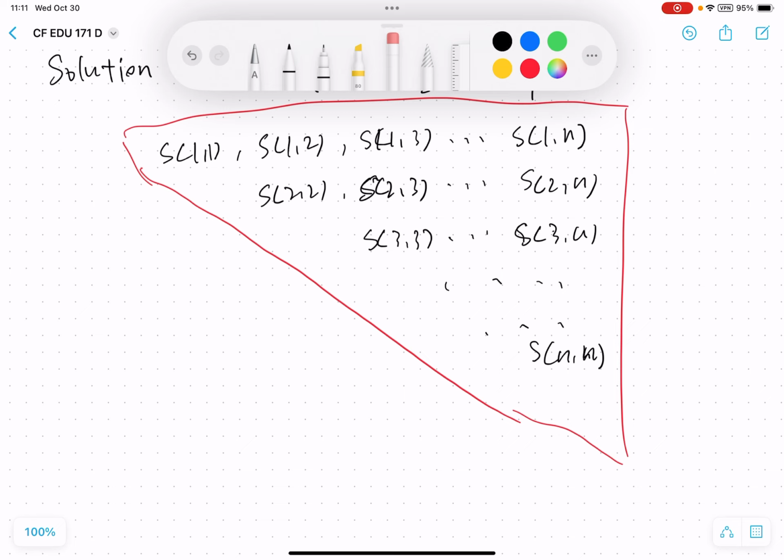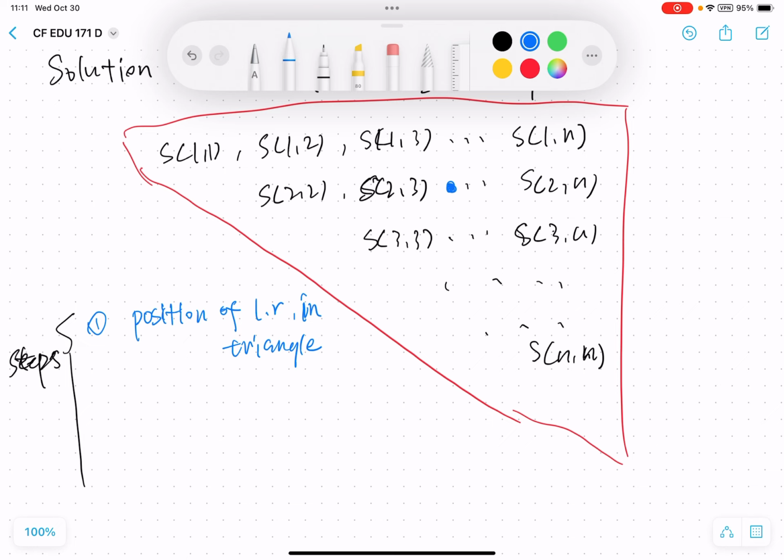First of all, for every L and R, we need to find the position of L and R in the big triangle. So the first thing is we need to find the position in the triangle.